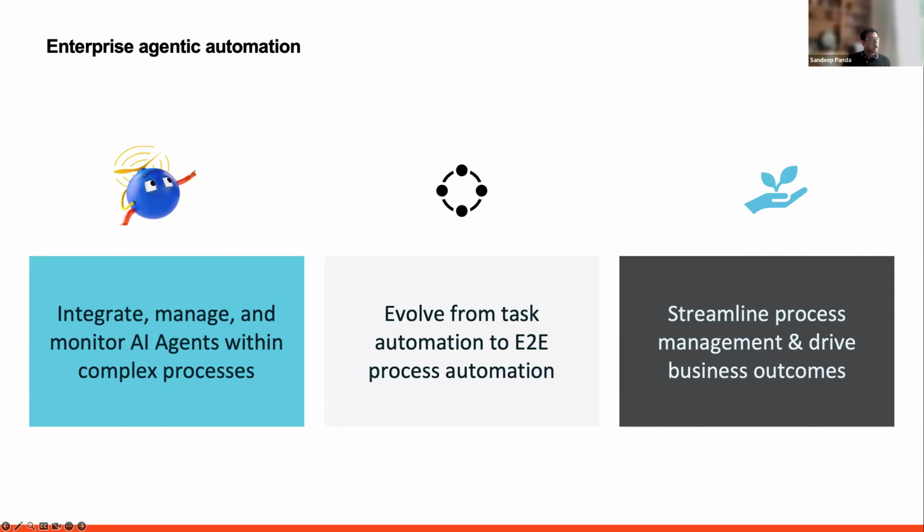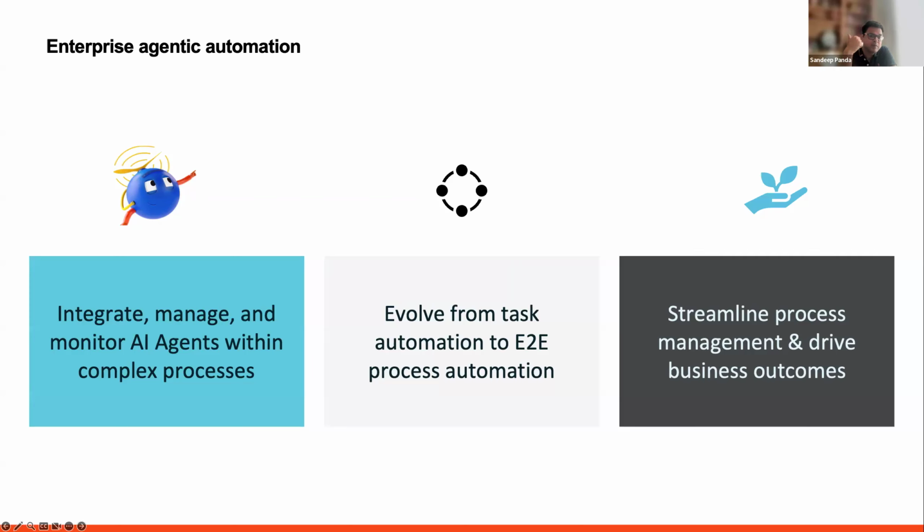When we think about enterprise agentic automation, what customers are looking to do in applying agentic technologies to automation use cases, there are three pillars to it, each of them progressively more revolutionary than the first.